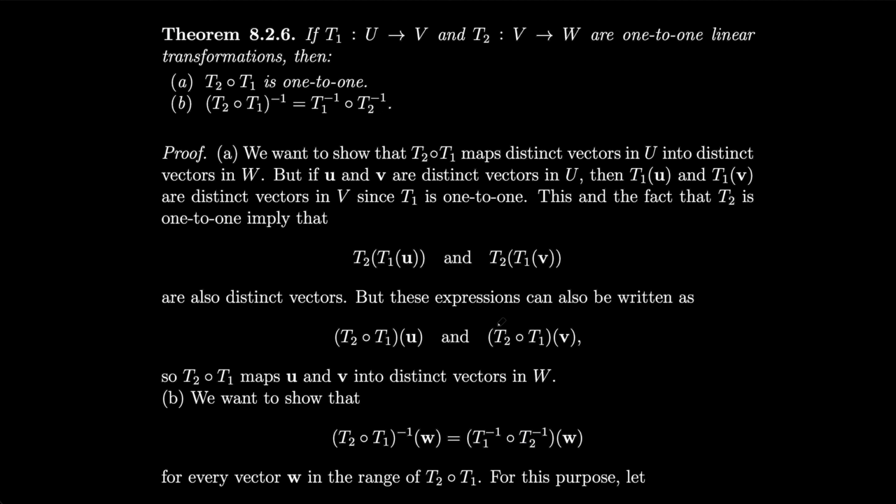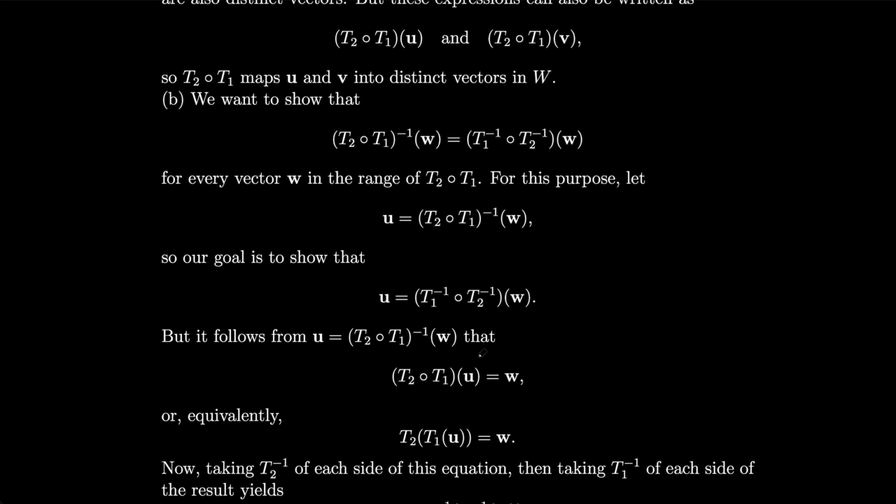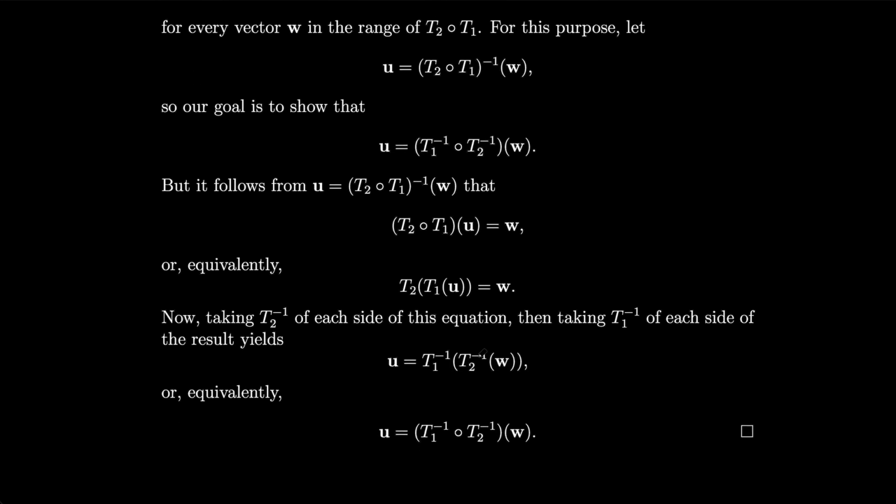Let's do part b. We want to show that T2 circle T1 inverse is T1 inverse circle T2 inverse for every vector w in the range of T2 circle T1. So how about we let u equal T2 circle T1 inverse of w. Our goal is to show that u is T1 inverse circle T2 inverse of w.